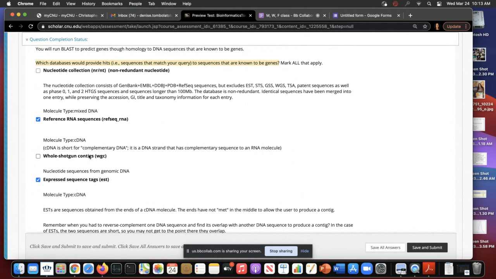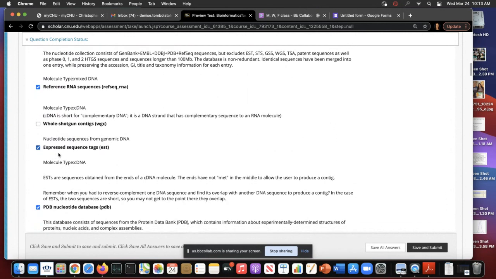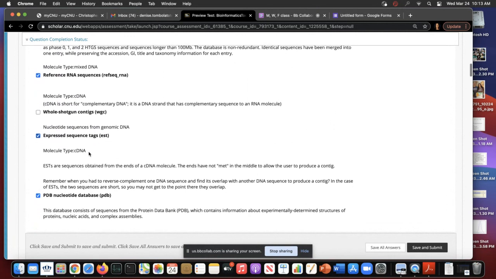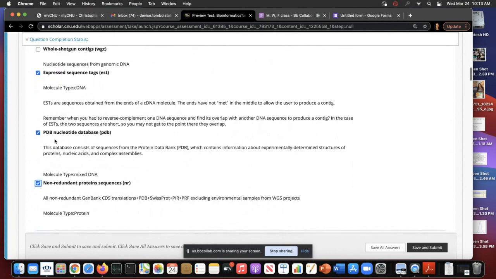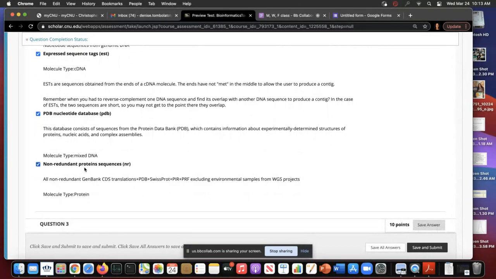You look, do I have any sequence in my query sequence that resembles mRNA or ESTs, which you could think about as mRNA also, or a nucleotide sequence that is in the Protein Data Bank, so that nucleotide sequence that got translated into protein, or a protein sequence that is in this database? That is the approach of homology.